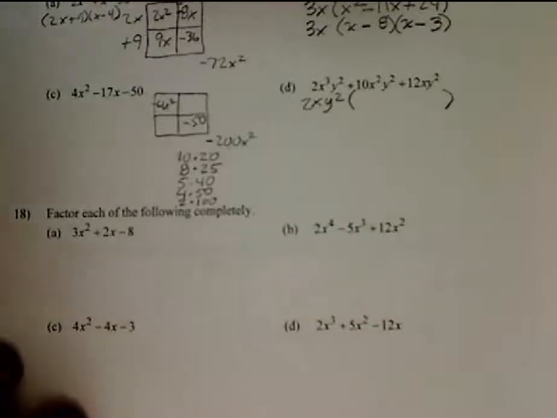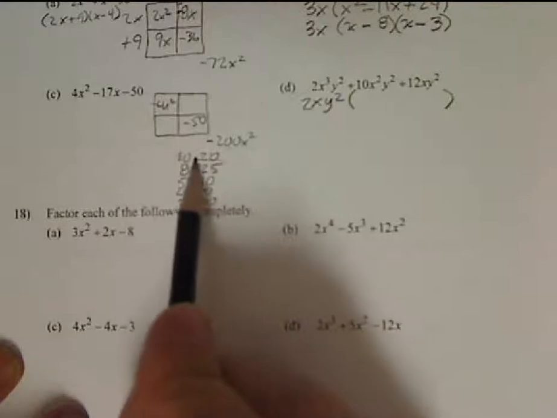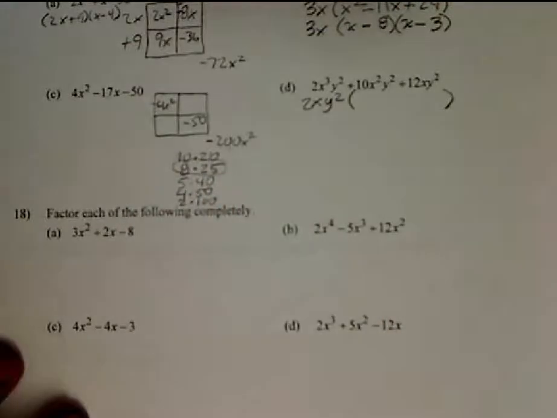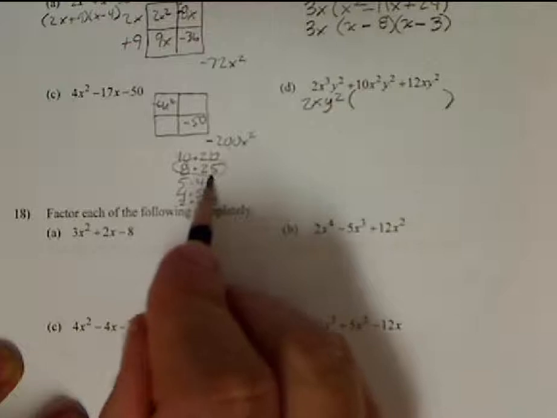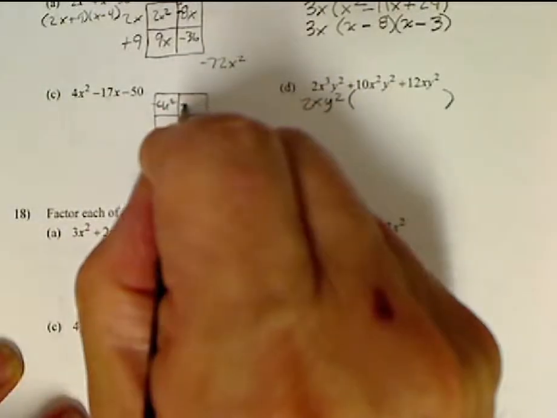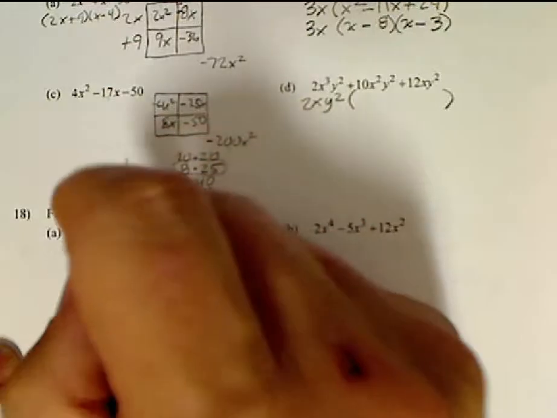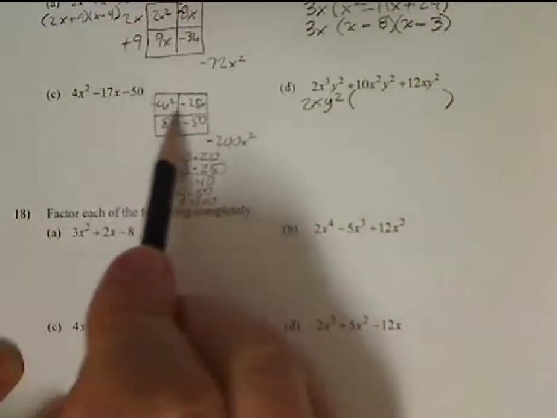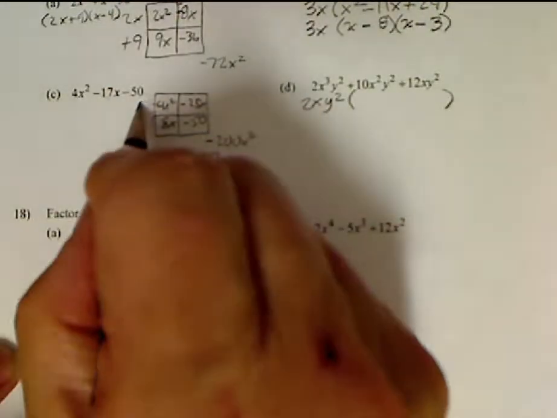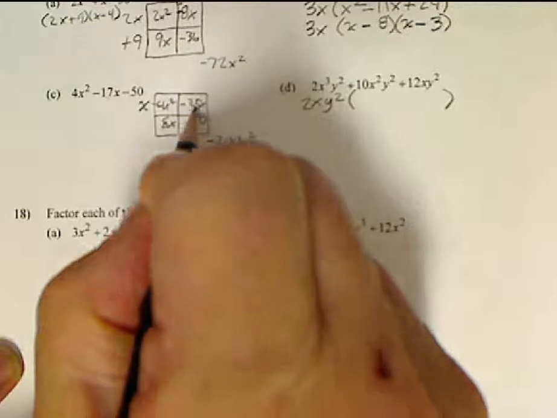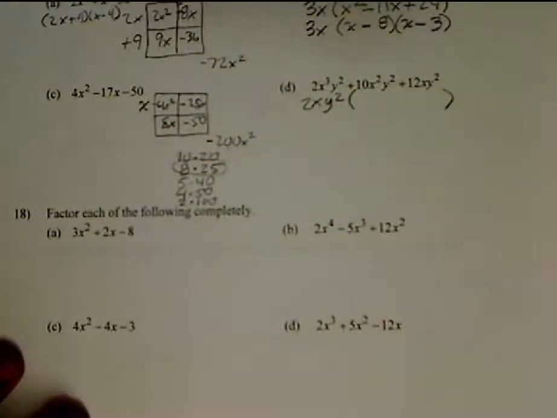Okay, so I need two numbers where one's positive, one's negative, which will add to negative 17. Now, if I take these two, that will work. Okay, I need a negative with the 25. So I'll make this minus 25x, and I'll put 8x here. I look at what's in common going out. I could take out an x. This is odd, that one's even, so I can't take out any numbers.